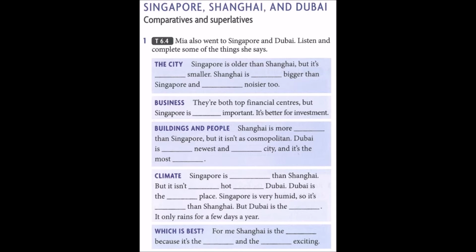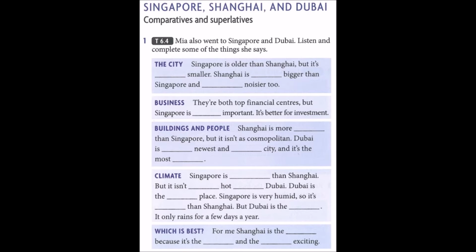It's interesting. Singapore is very near the equator, so it's a lot hotter than Shanghai. But it isn't as hot as Dubai. Dubai is the hottest place. When I was there, the temperature was over 40 degrees. Wow, that's incredible. Singapore is very humid, so it's wetter than Shanghai.